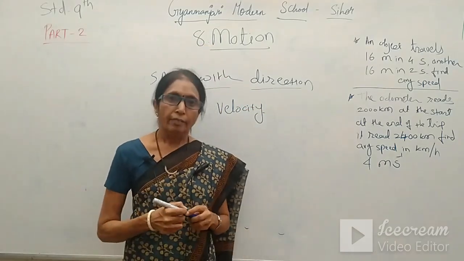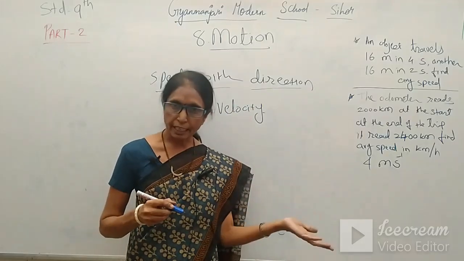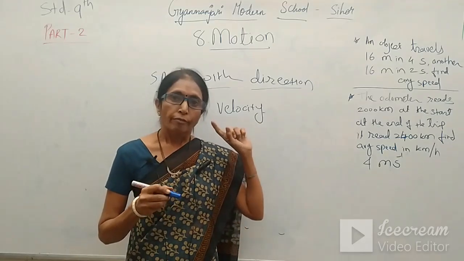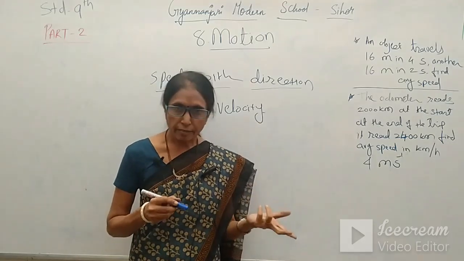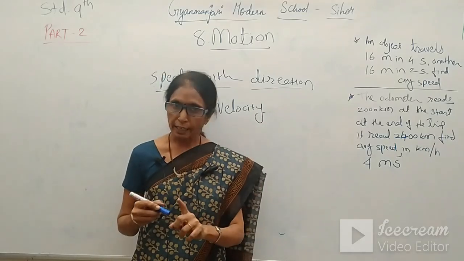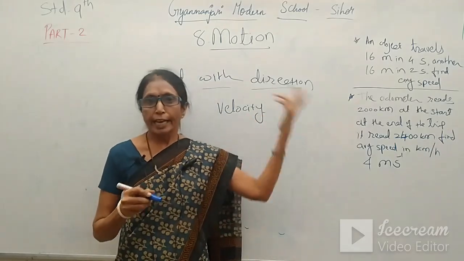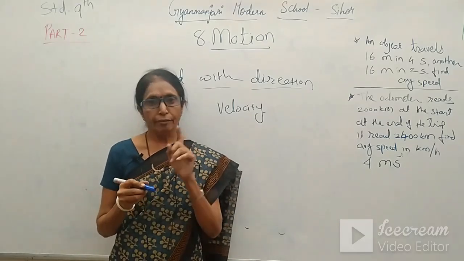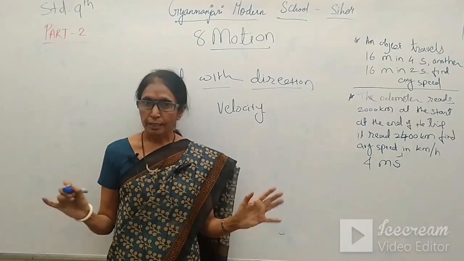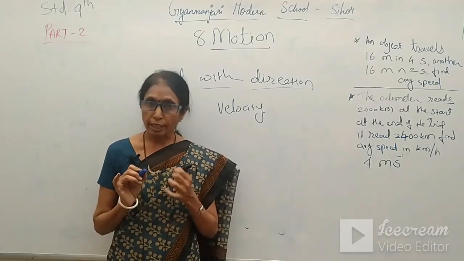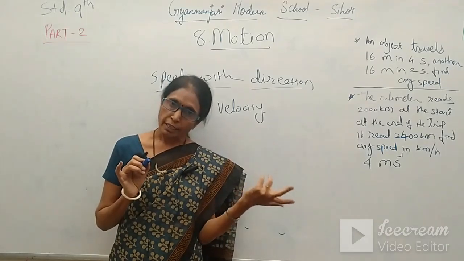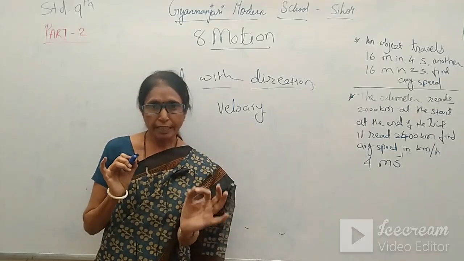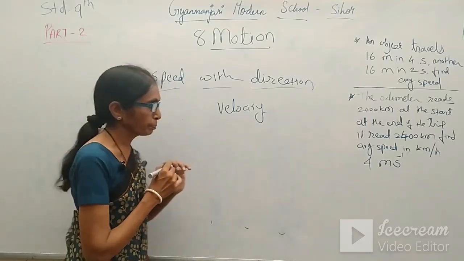Here also velocity is a vector quantity because direction is considered. So velocity is a vector quantity, speed is a scalar quantity. Speed with direction is called velocity. The unit of speed and velocity is the same. There is no difference. But what is the difference? Speed is a scalar quantity, and velocity is a vector quantity.